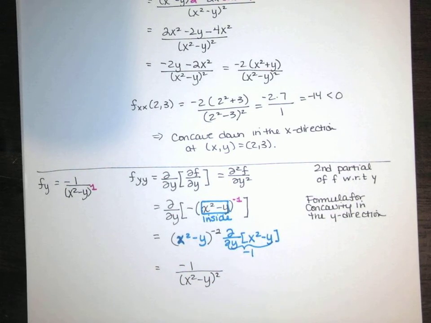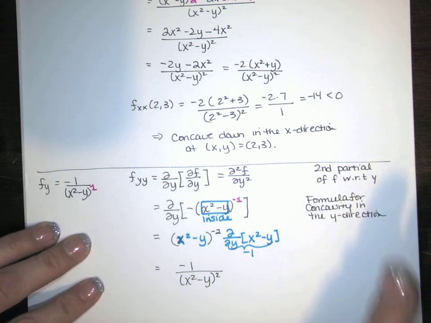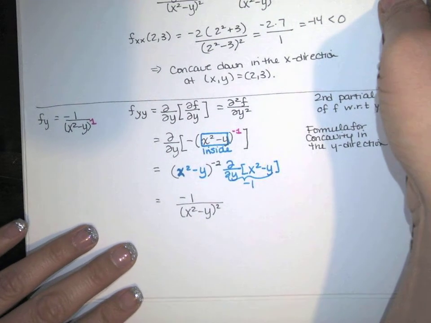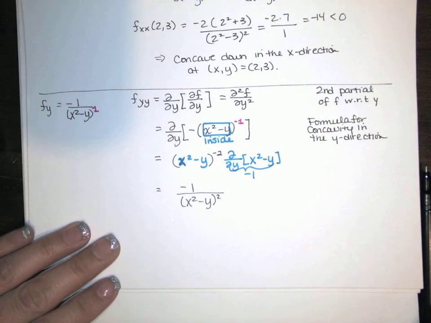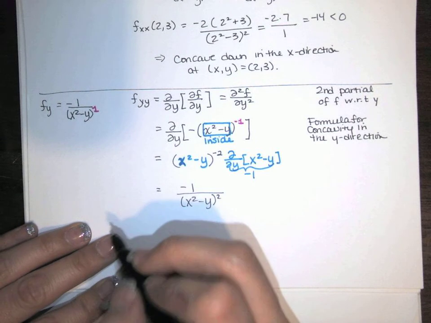I think in terms of positive exponents, not negative exponents, although I'm comfortable converting them. So I like to write it this way and then evaluate at a particular point. So this is a formula for the concavity in the y direction. If you give me an xy in the domain, I can plug it in and I can find out the concavity in the y direction at that point.